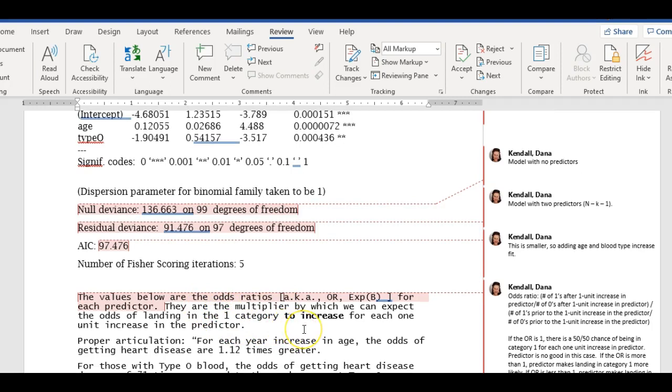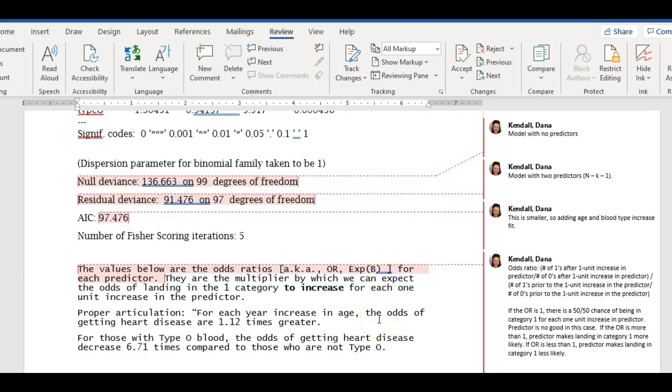For the next part here, I wish this was not an essential thing to know, but it actually is, because the odds ratio is a ubiquitous result that people put into journals and presentations whenever they do a logistic regression analysis. We also call it the odds ratio, OR, so when you see OR you know what that is, and also the EXP B in parentheses.